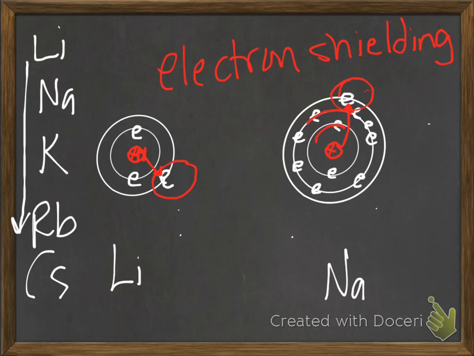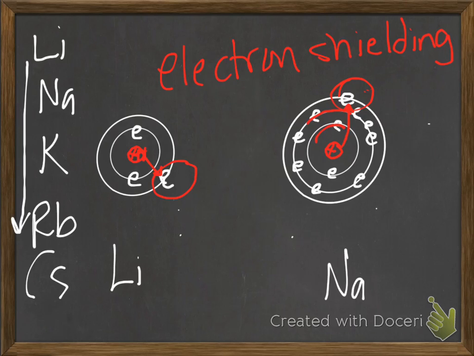So they're not held as tightly, which means overall, in addition to the fact that there are just more energy levels on sodium than there are on lithium, you also have this thing that those outer electrons can't be pulled in as tightly, so the whole thing gets, the word I typically use is fluffier. You can think of fluffy atoms, which is absolutely ridiculous. These are not sheep, but it's a metaphor that works.